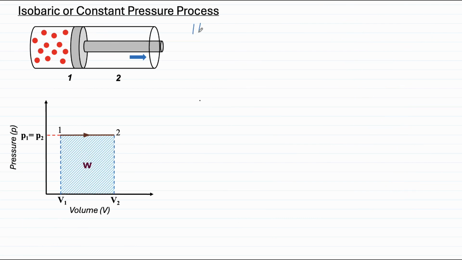To derive the heat transfer during a constant pressure process, we can use the first law of thermodynamics, which is Q is equal to work done plus the change in internal energy.